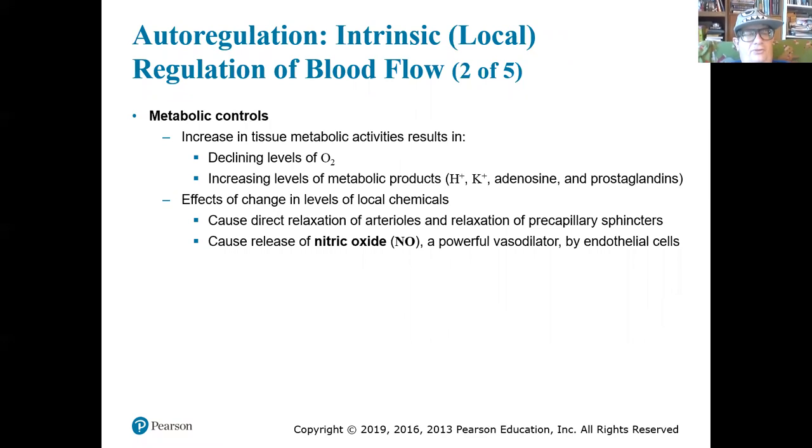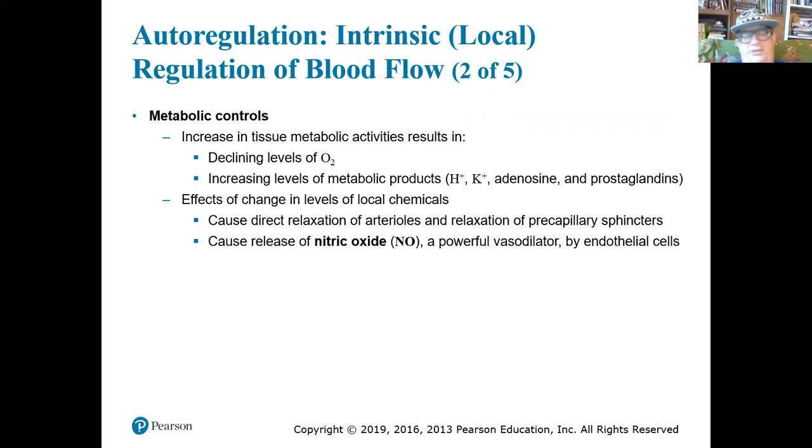Metabolic controls increase with metabolic activity. As you're exercising, the muscles are running out of oxygen, and there might be increasing levels of hydrogen, potassium, adenosine, and prostaglandins. You have changed local chemicals in the tissue that way.